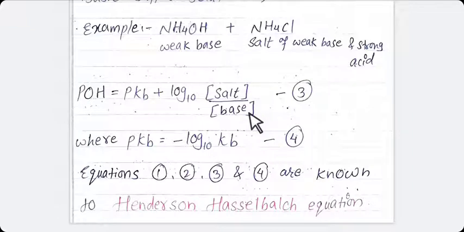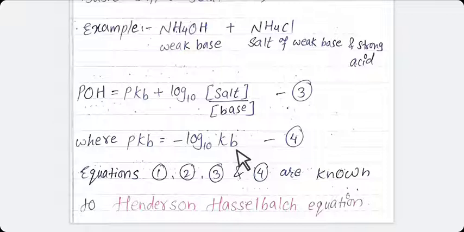Formula is the same, only the difference is in place of pH we are using pOH, in place of pKa we are using pKb. As you know, Kb is the dissociation constant for the base. In place of concentration of acid we are using concentration of base. And same here, pKb is nothing but minus log to the base 10 of Kb.